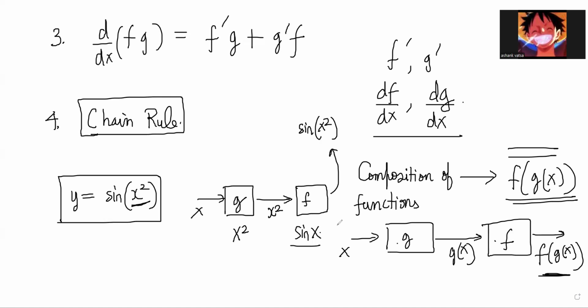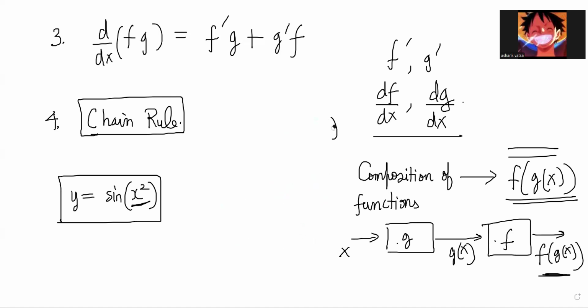Yeah. So the question is for us, how can we differentiate a function like this? y is equal to sine of x square. Because technically it is a combination of two functions, right? Yeah. So the chain rule says, when I have to differentiate this overall composition function, first you will keep g of x as it is without thinking about g of x so much.